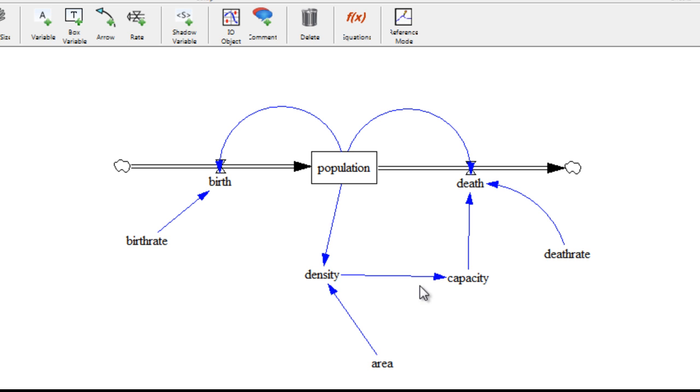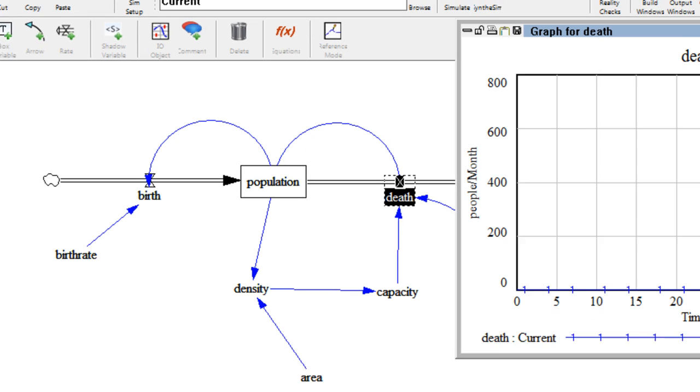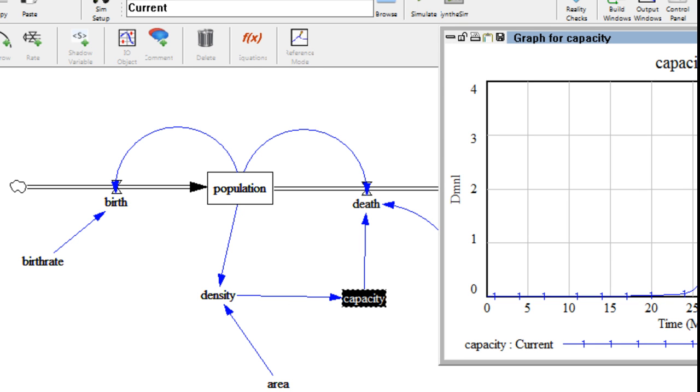See? Now the capacity will depend on the density. You can see from the graph here, and the death rate and the capacity will be same as density.